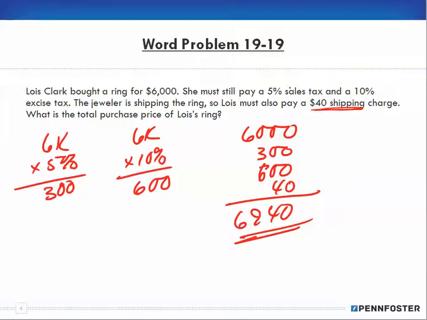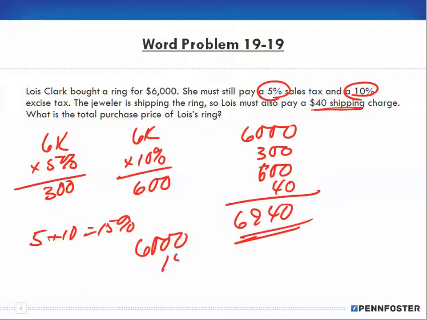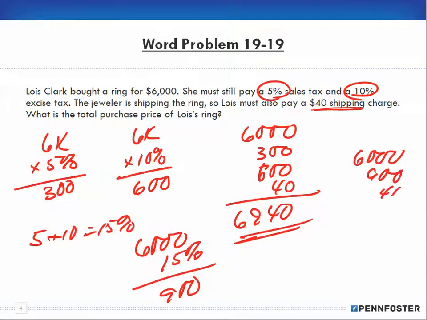Or what I could have done is say, okay, 5% sales tax, 10% excise tax, so 5 plus 10 is 15%. Multiply the 6,000 by the 15% and come up with $900. So I would have just added 6,000, 900, and the 40, and still got $6,940.